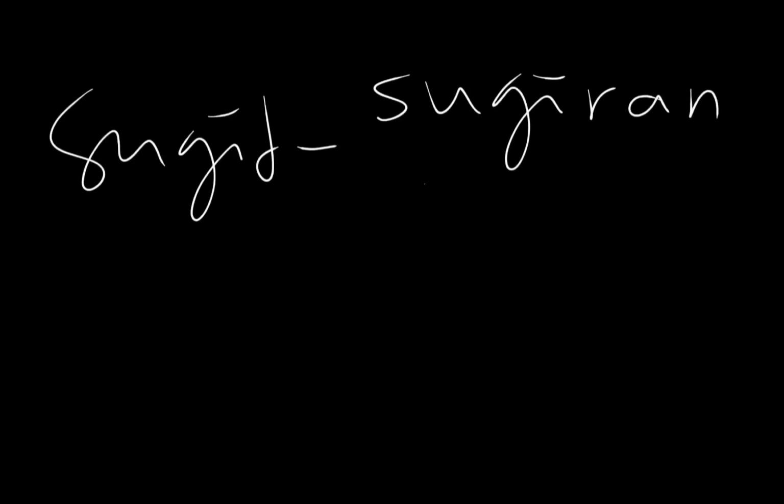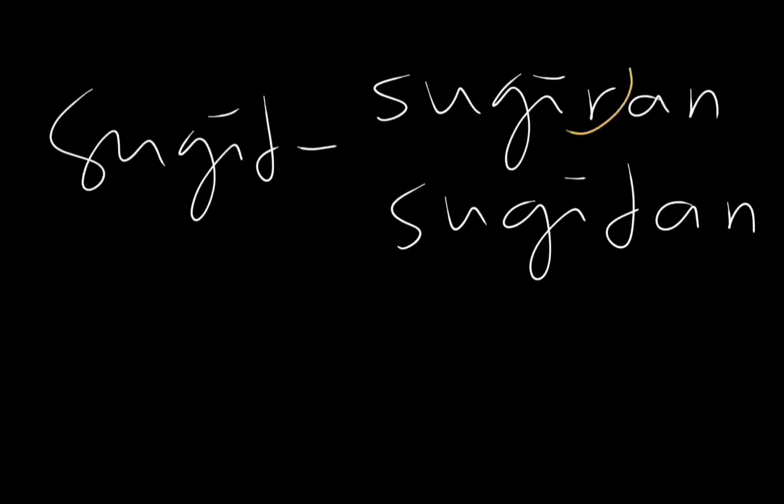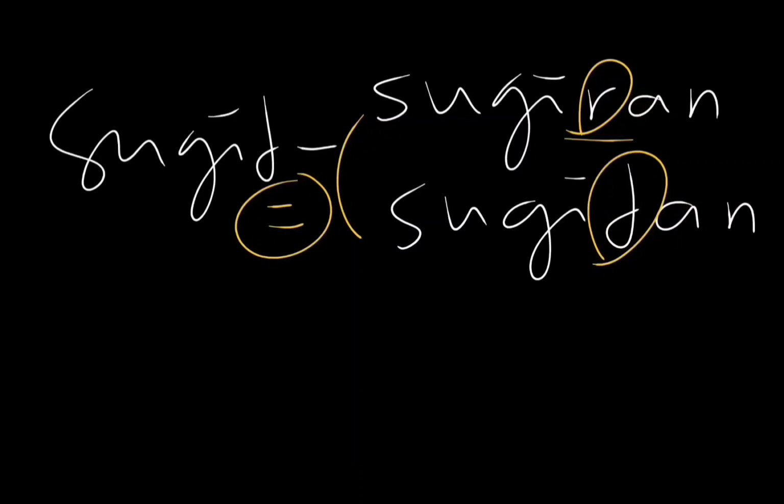The same goes for the verb sugid. To form the passive, you could either say sugiran or keep the consonant da by saying sugidan. Sugiran or sugidan. They both mean the same thing. This is also the same with the verb hagad.